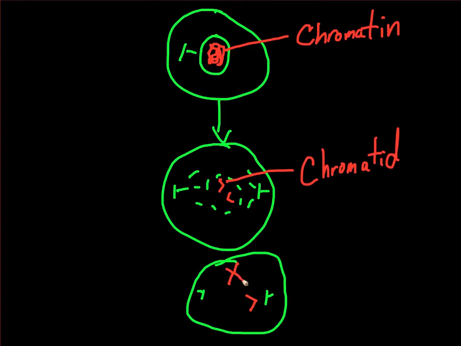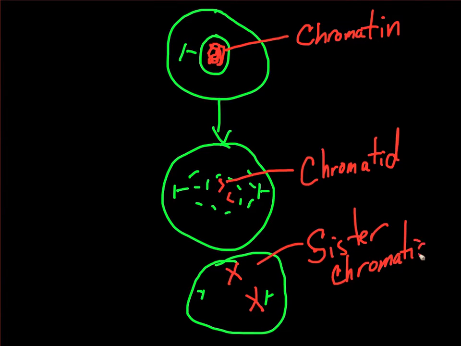And now it's going to look like an X. All right, this is now your chromosome, or they call it sister chromatids, because this part here, this V, is identical to this V. So the genetic material or information on here is exactly the same as the one on here. It's like having two notebooks or textbooks that are exactly the same, has the same information. Same thing here. So these two are exactly the same.